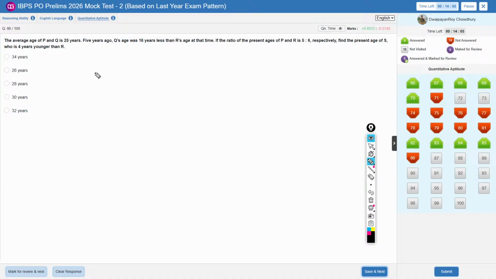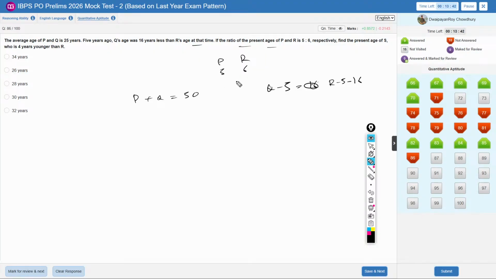The average age of P and Q is 50. 5 years ago, Q's age was 16 less than R's age at the time. The ratio of ages of P and R is 5 to 6. Age of A who is 4 years younger than R. Okay.